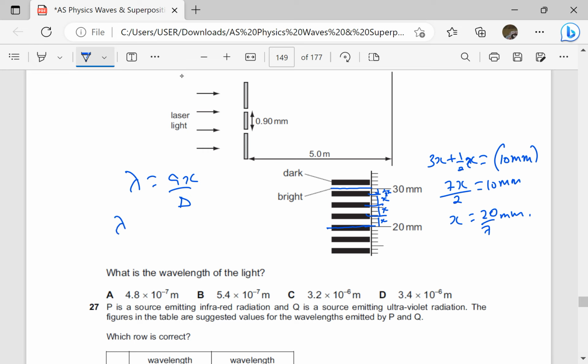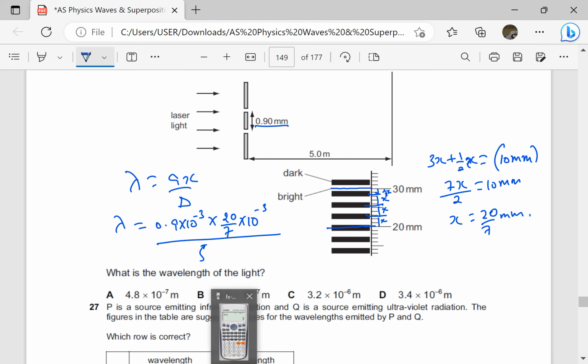So the wavelength is going to be a, which is the slit separation, 0.9 times 10 power negative 3, times x, which is 20 over 7 times 10 power negative 3, divided by D, which is 5.